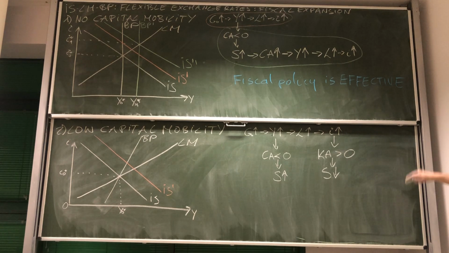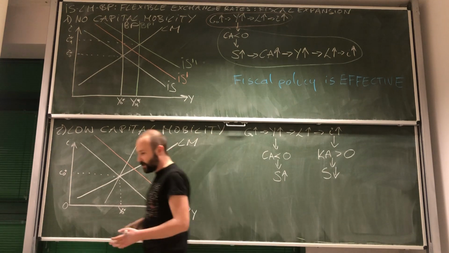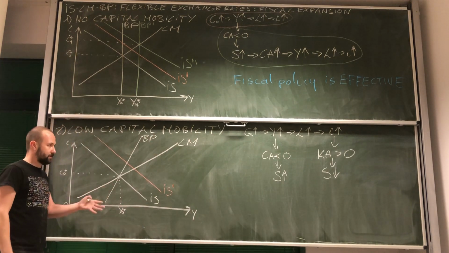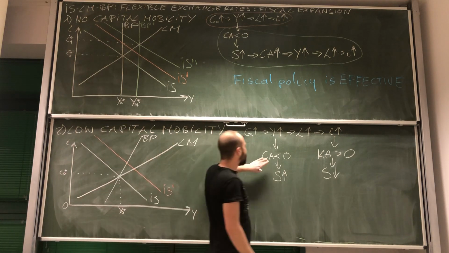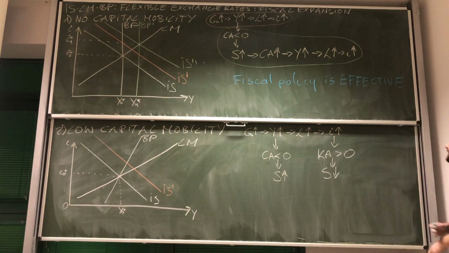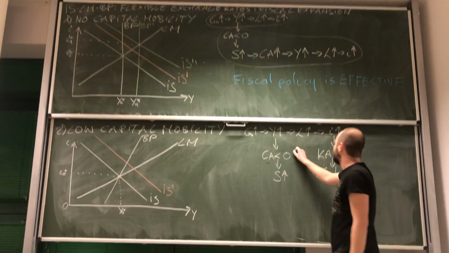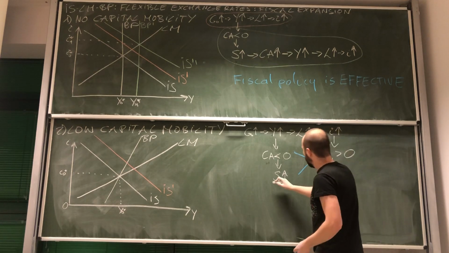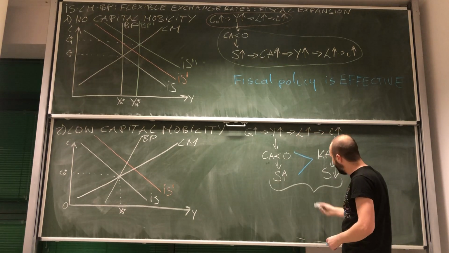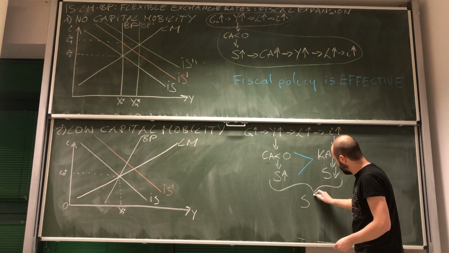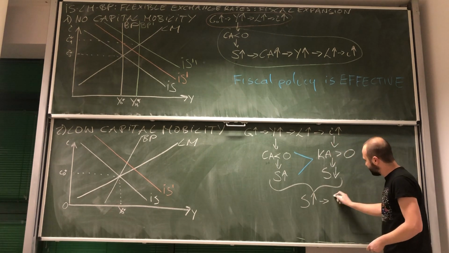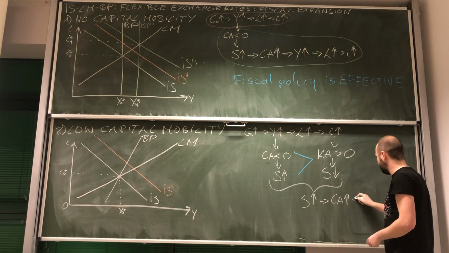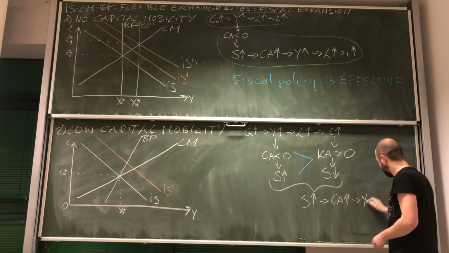And you see now the question of which pressure is stronger is more important. Here, because we've got low capital mobility, we say that the current account effect dominates the capital account effect. This pressure is stronger, so what we see is depreciation. With depreciation, we've got an improvement in the current account, higher GDP.